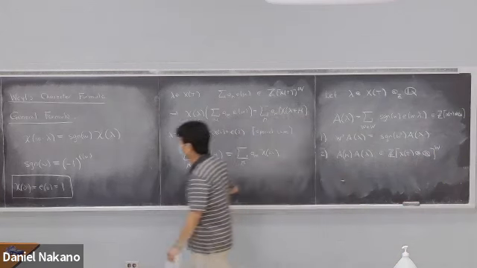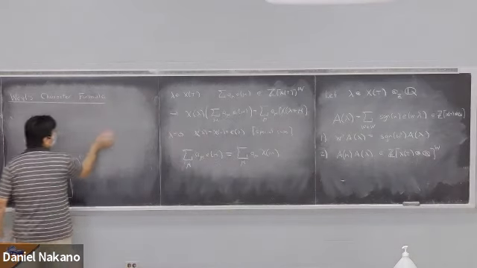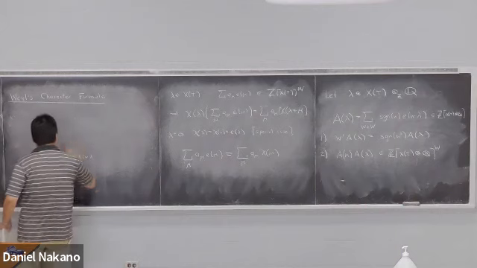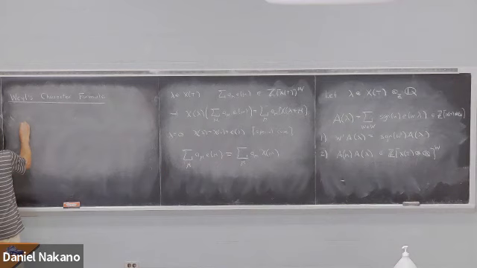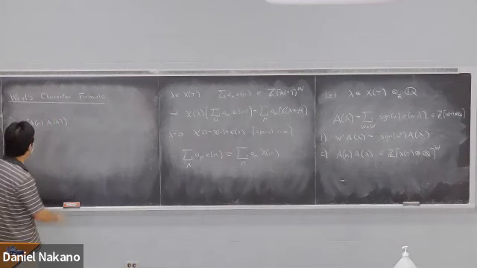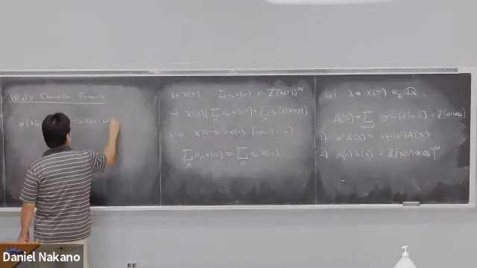On the right over here, we take w. This is a product, and it acts as follows: w, a mu, w.